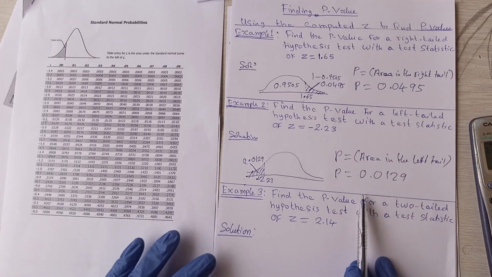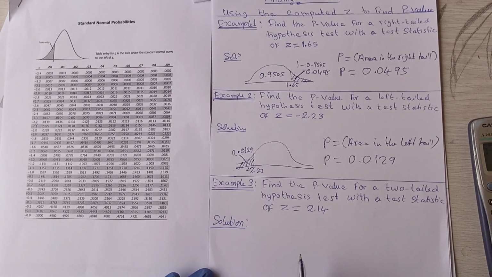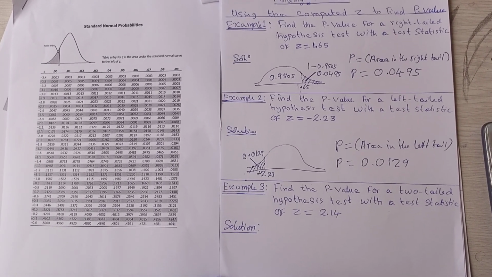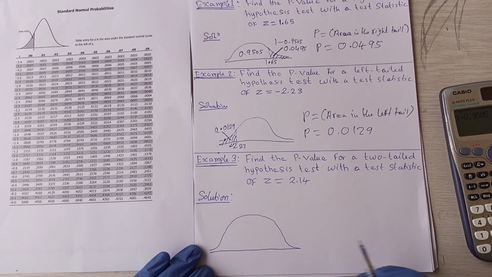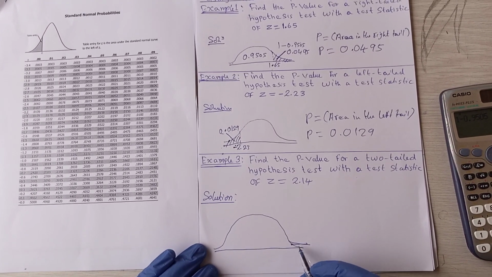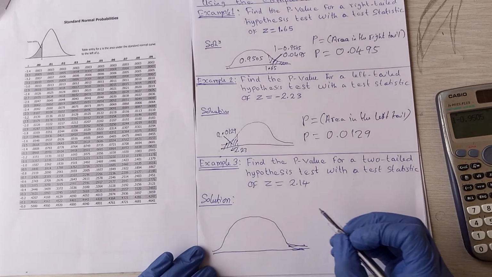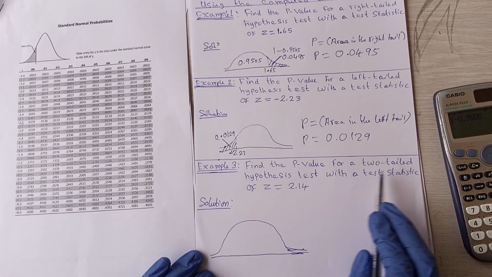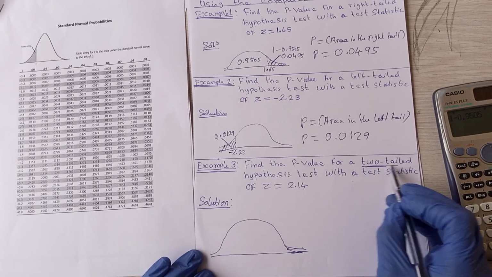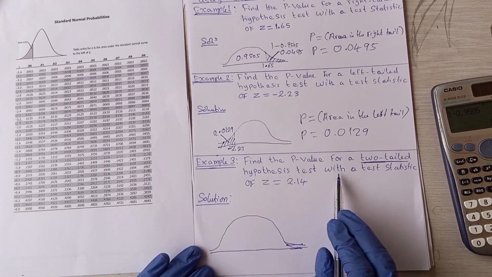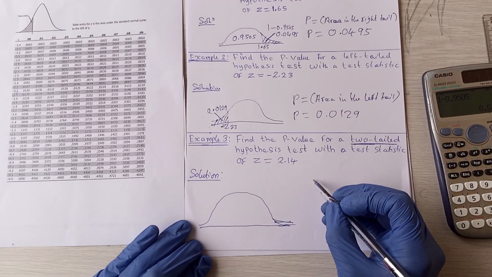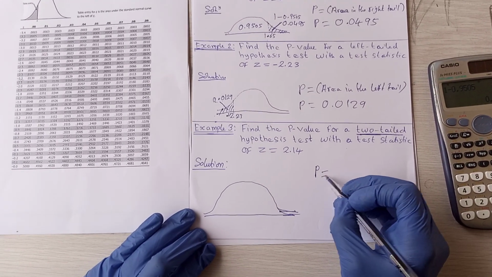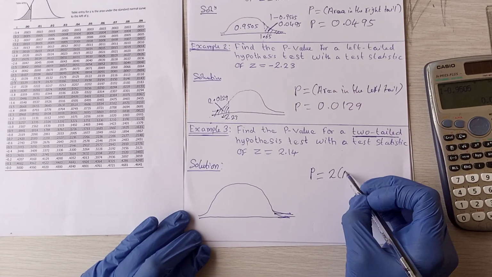Okay, now let's look at example 3. In example 3, you are going to sketch the curve too. Now they say find a p-value for a two-tailed hypothesis test with a test statistic of z equals 2.14. Now in a two-tailed test, your p-value is 2 times the area in the tail.